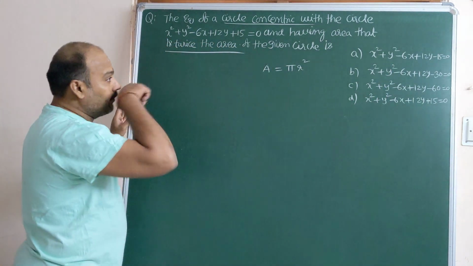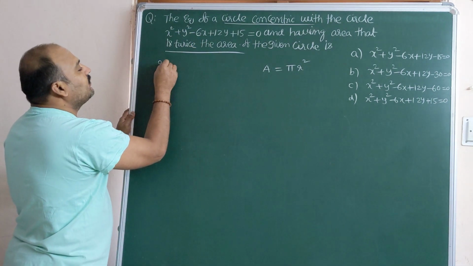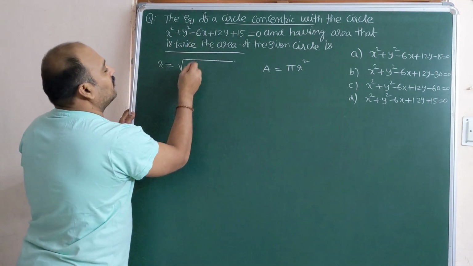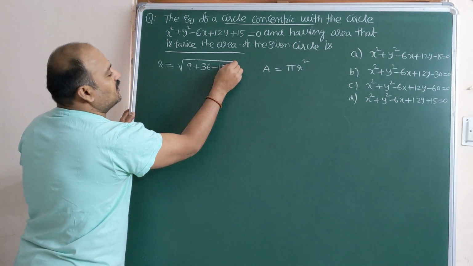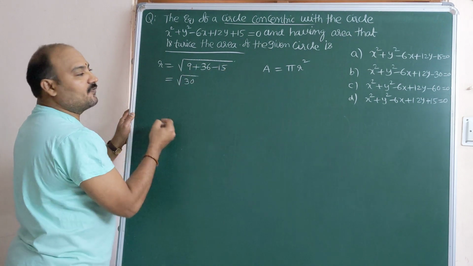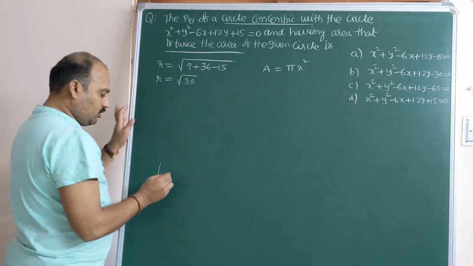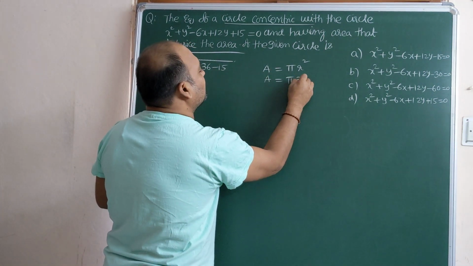So here, option verification. First, the given circle radius I am calculating. Root over 9 plus 36 minus 15, which is equal to root 30. So if you calculate the area, A is equal to pi r square, means 30 pi.